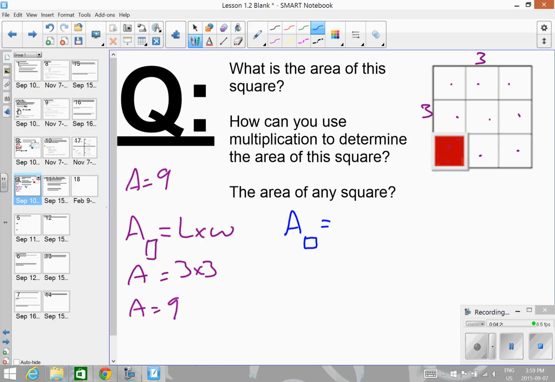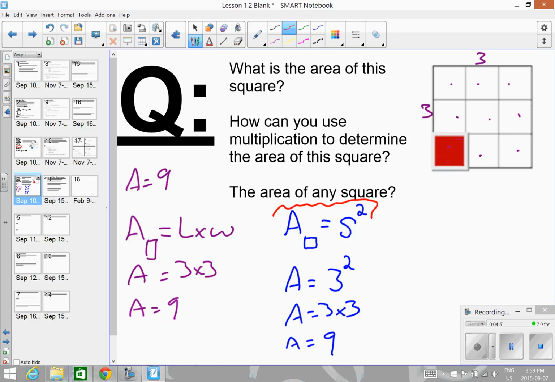So we could say the area is the side length squared. Alright, so my area is 3 squared. Remember, anything squared is just that thing times itself. So that's the same as saying 3 times 3, or my area is 9. So that's another formula: the area of a square is the side length squared.